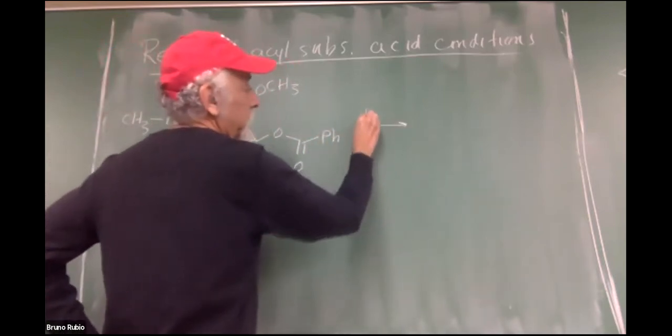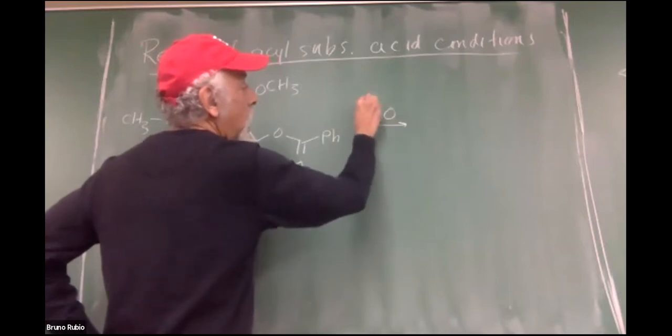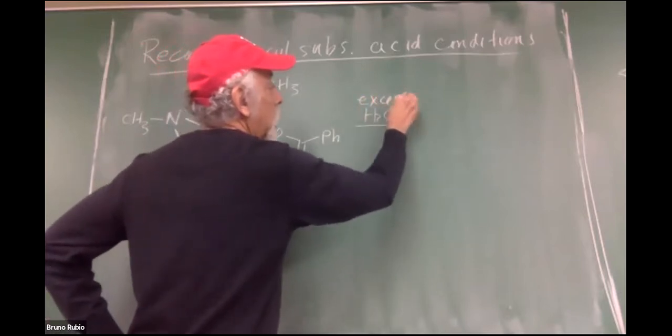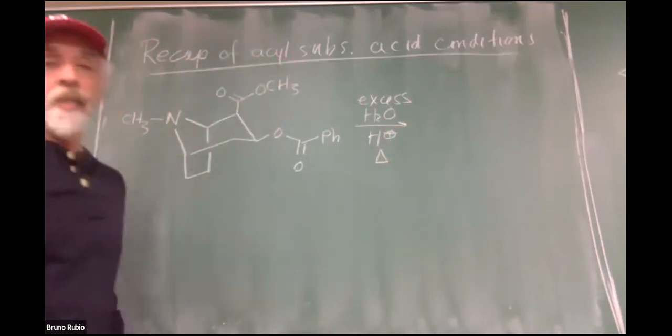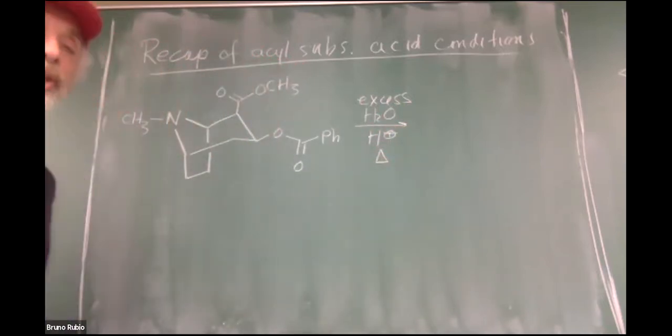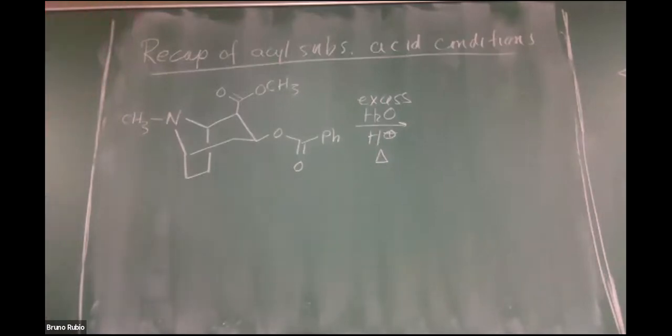React that with excess water, acid, and heat. So draw the structure of the products. There's going to be more than one. So what were we talking about last time?